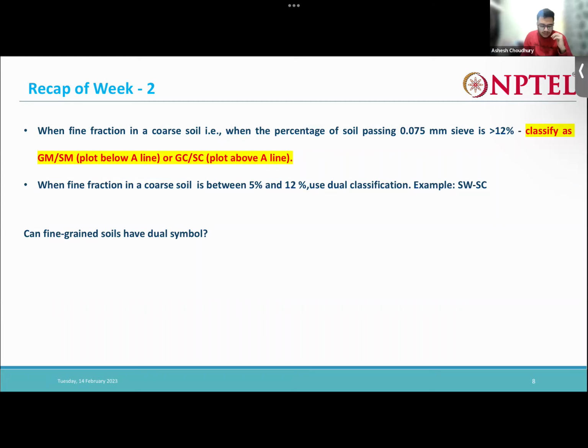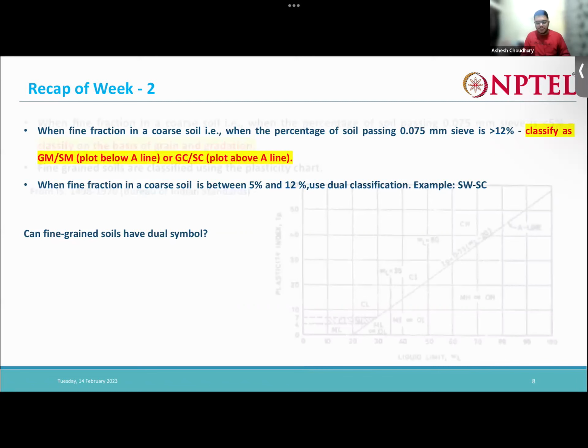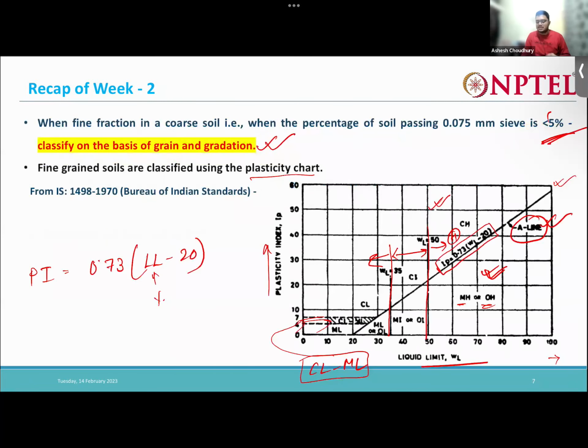Now, when the fine fraction in a coarse soil is greater than 12%, before, the case which we studied was less than 5%.